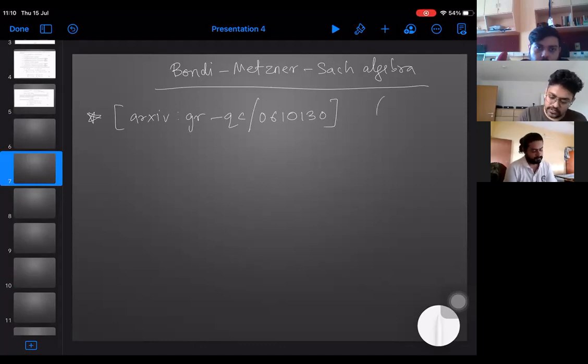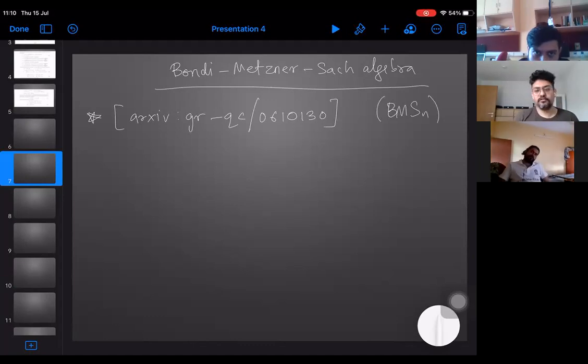In short, you can say that this is the BMS n algebra, where n is the dimension. Before we were writing D, now I have just written different notation. So what we will do today, we will first look at the algebra of the BMS group in general dimension. Our wish will be to recover this group from the symmetry of flat spacetime.